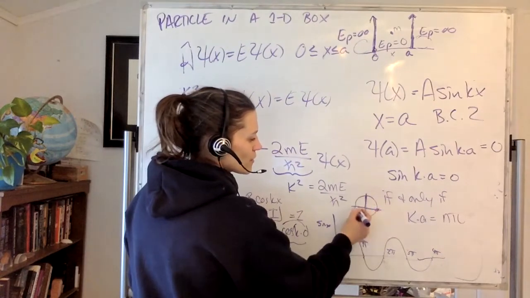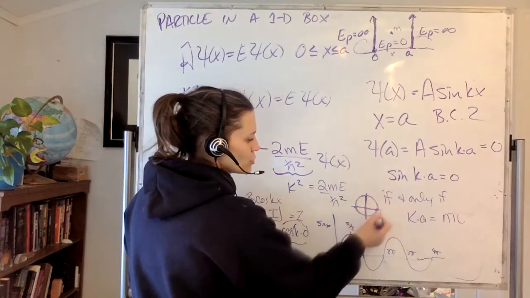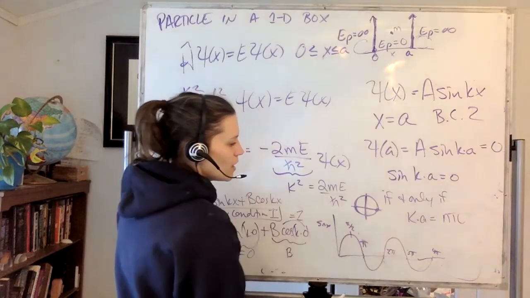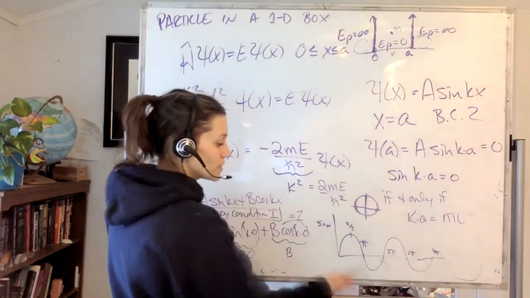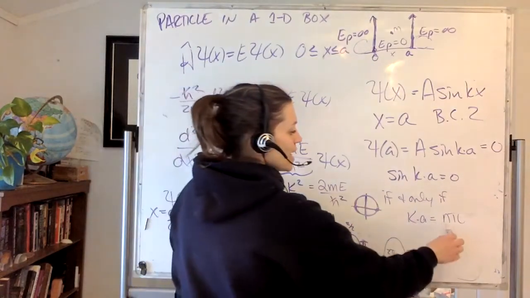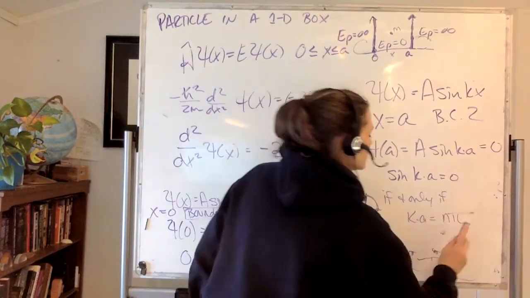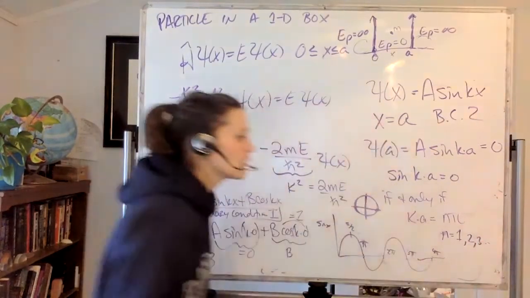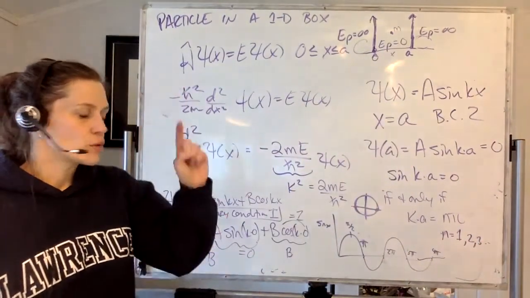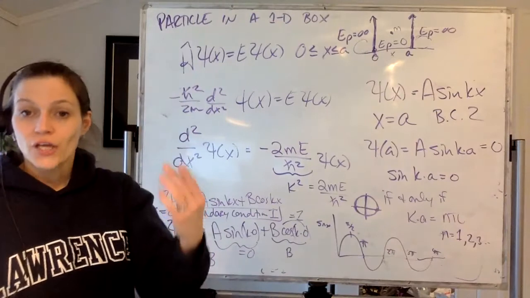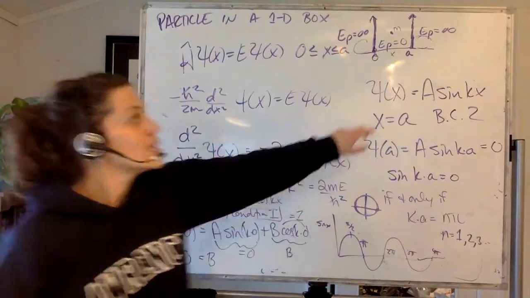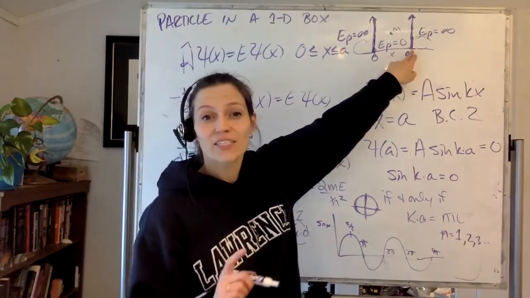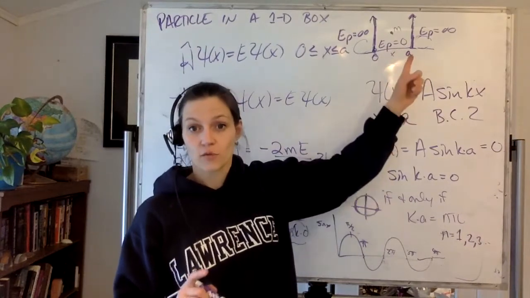So anytime we're here or here, at pi, 2 pi, we're going to have 0. So that means that n equals 1, 2, 3, and so on. Anytime you have n equals 1, n equals 2, n equals 3, all of a sudden the boundary condition is satisfied that psi of a is equal to 0.